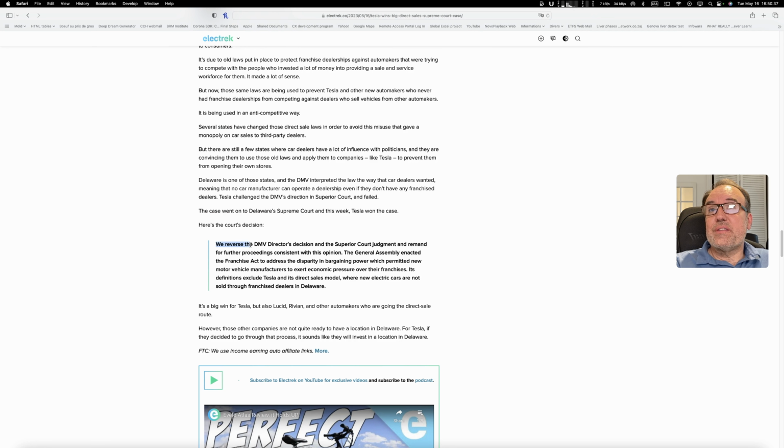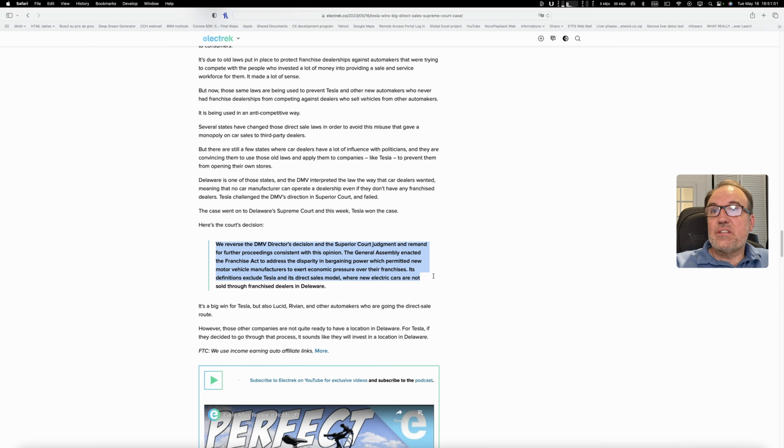We reverse the DMV director's decision in the Superior Court judgment and remand for further proceedings consistent with this opinion. The General Assembly enacted the Franchise Act to address the disparity in bargaining power, which permitted new motor vehicle manufacturers to exert economic pressure over their franchisees.